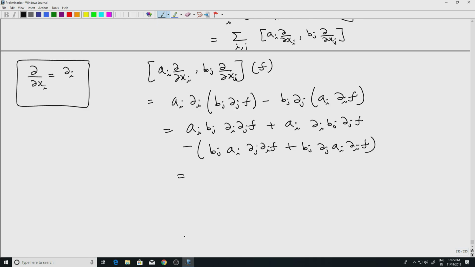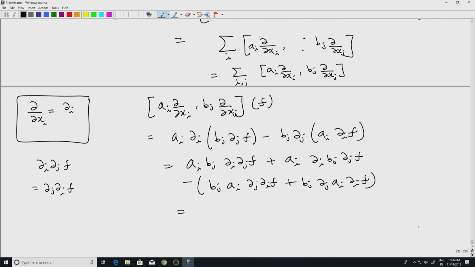The first term in this and the first term in this cancel out. Notice that I have del i del j f, and here I have del j del i f, but these two are equal. What one should remark is that we know that mixed partial derivatives are equal in Euclidean space. However, when I say del i or del by del xi, I don't quite mean the Euclidean partial derivative. I am working on the open set U in the manifold.